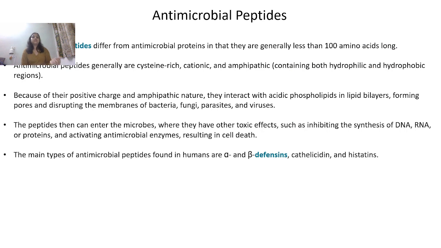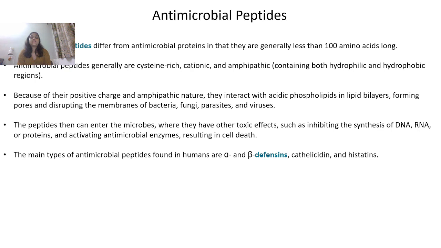Antimicrobial peptides, as I told, differ from the antimicrobial proteins because they are smaller in length. They are generally less than 100 amino acids long, and they are generally rich in cysteine residues. They are cationic, they are amphipathic, that is containing both hydrophilic as well as hydrophobic residues.